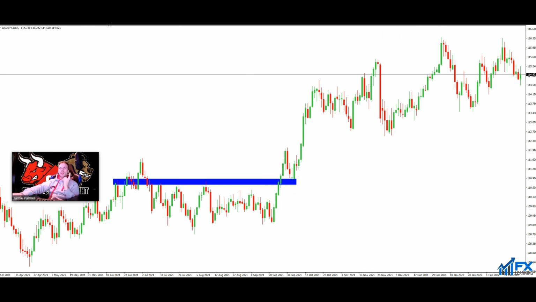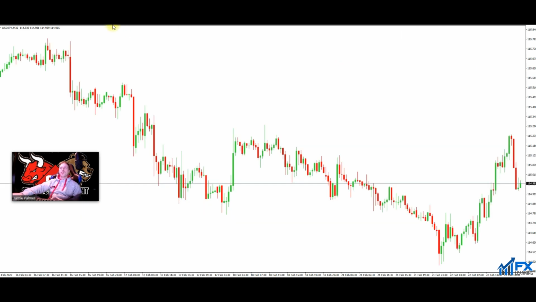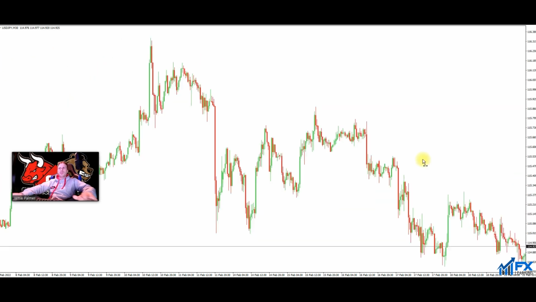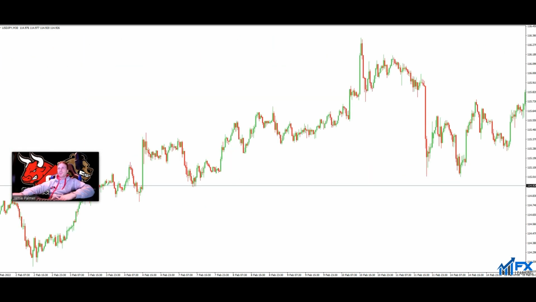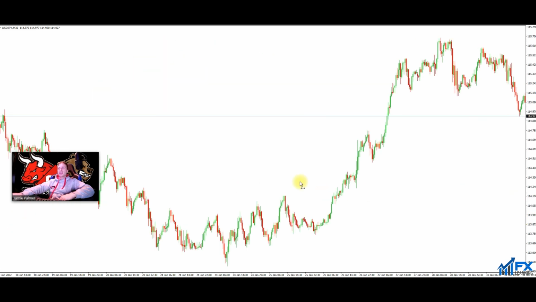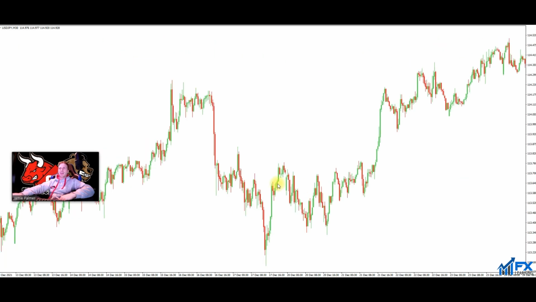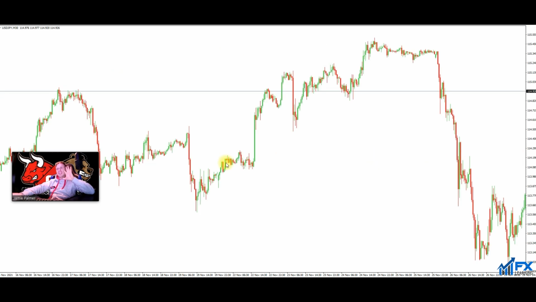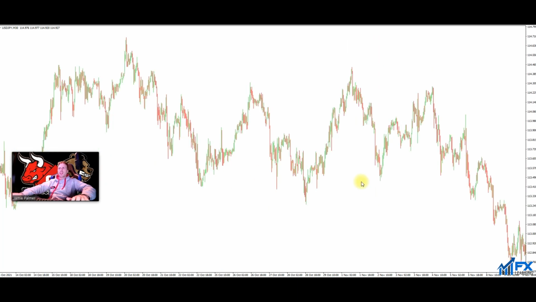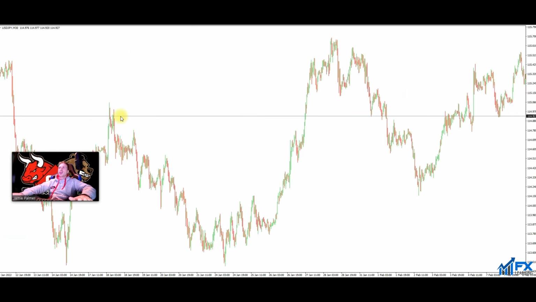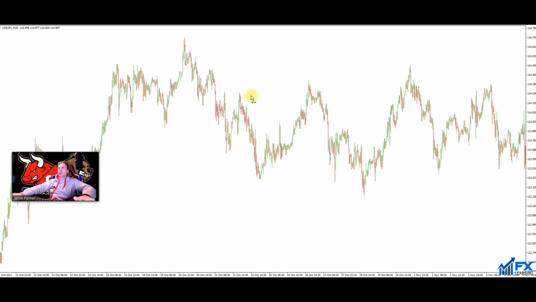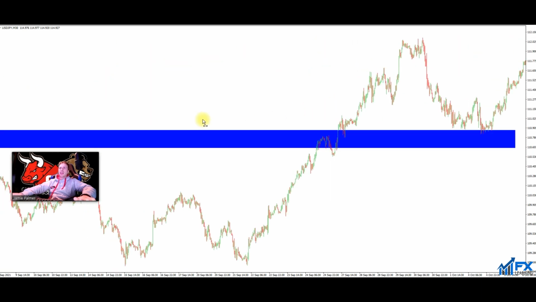But let's have a look at this same example on the 30-minute time frame. Let's go over to the 30-minute time frame now. Okay, and let's find that exact example now on the 30-minute time frame. These are the intraday time frames. So let me try and find you here we go.